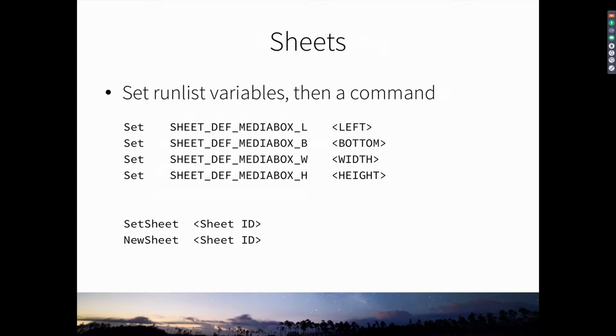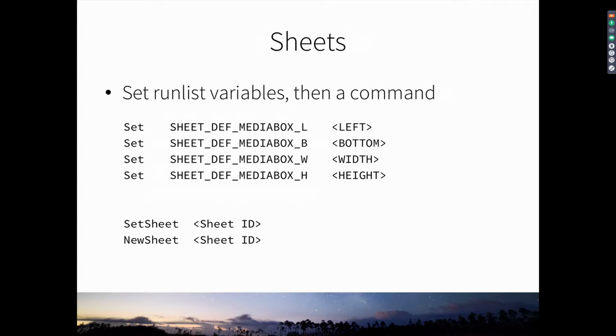So what you see there called sheet_def_media_box_L is a variable that is defined automatically by pdfToolbox. And you can either look what the value is of that variable, or you can put a new value in there. And the lines that you have on there do exactly that.